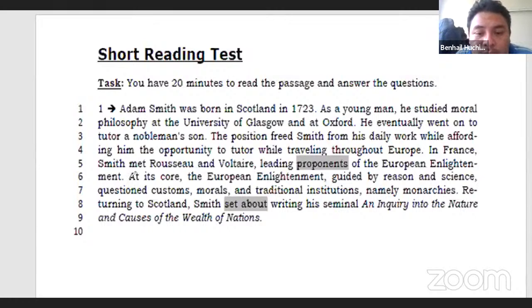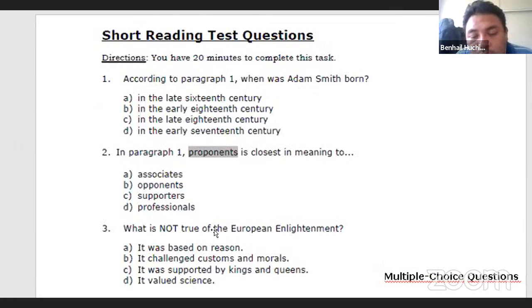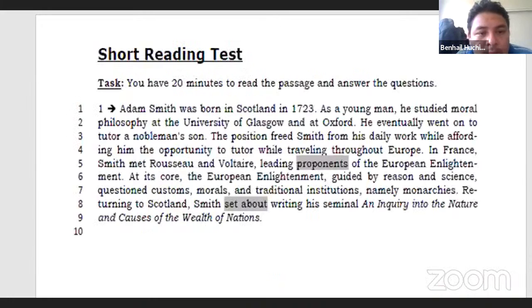For example, here is the keyword we can find from the question: the European Enlightenment. You can focus on that and look for it in the text. Maybe you can find it more than one time.